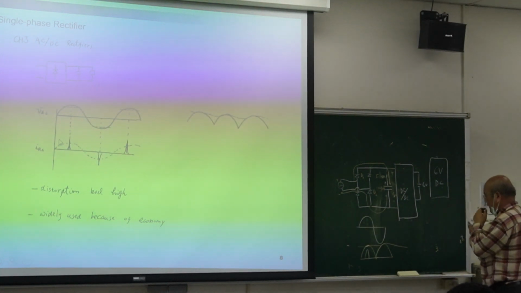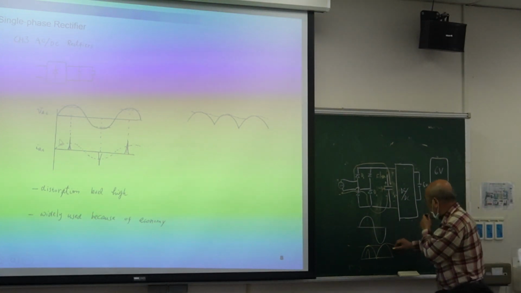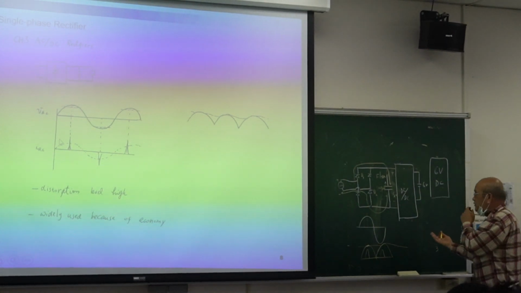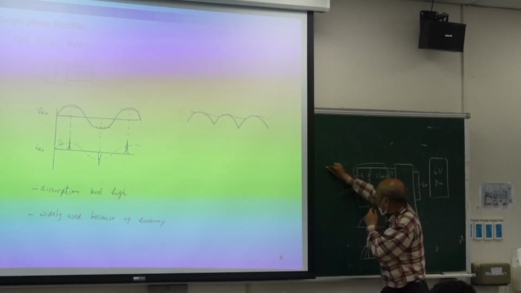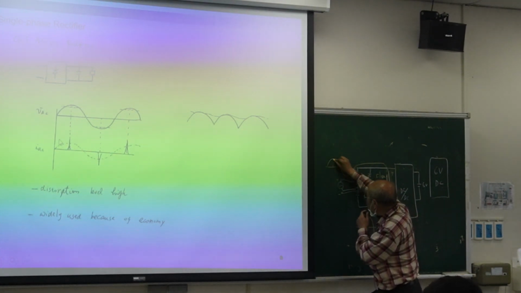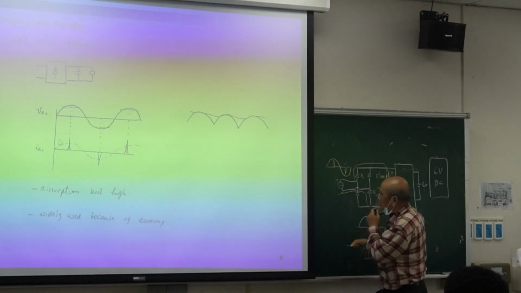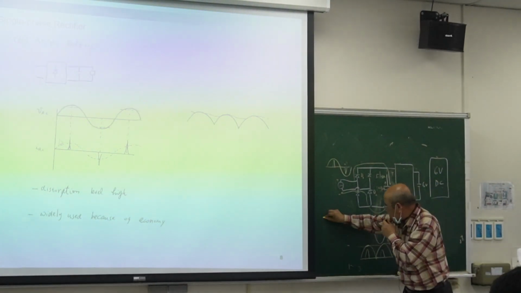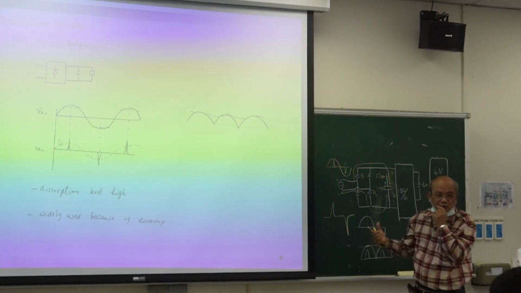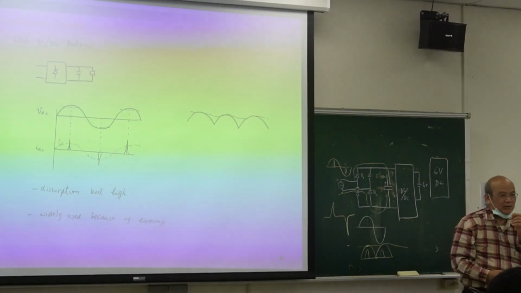So what can I get? I can get the current like this. If I refer to the input, then I can see this is my voltage. This is my current. So my current is like this. So do you like this current?